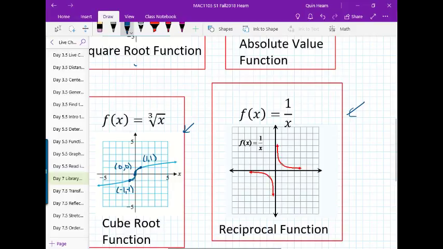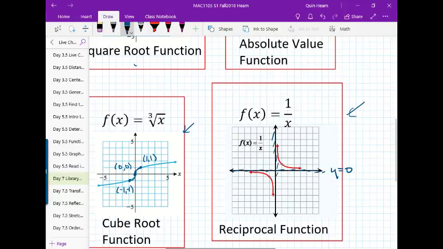This is the reciprocal function. We talked about how it has a horizontal asymptote along the line y equals 0. The graph gets very close to that line in both the positive and negative directions, but never touches it because it's impossible to take the reciprocal of a number and get 0.